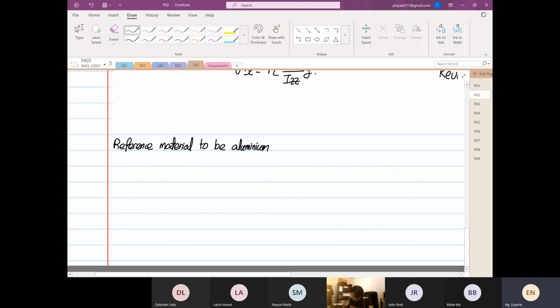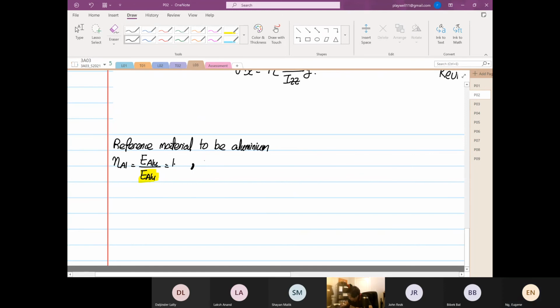Okay, so n for aluminum is equal to Young's modulus of aluminum divided by Young's modulus of aluminum. So this is equal to 1. Okay, so the one I highlight, this is our reference material, aluminum, right?